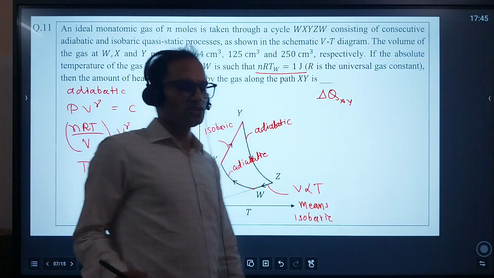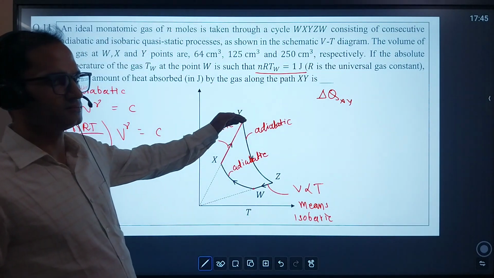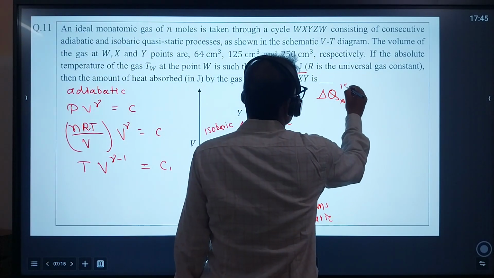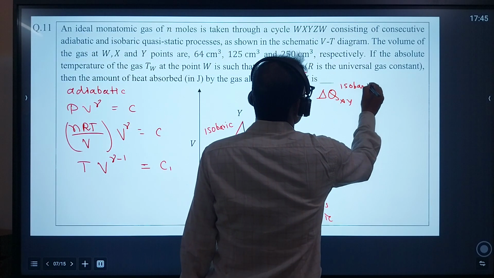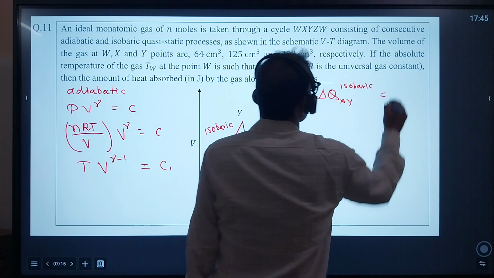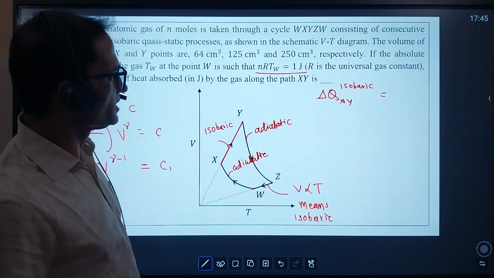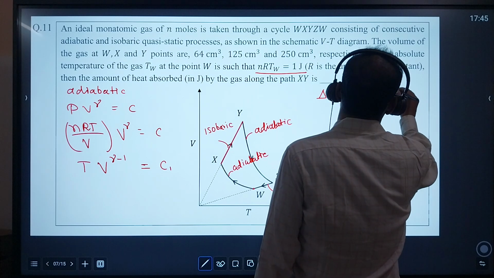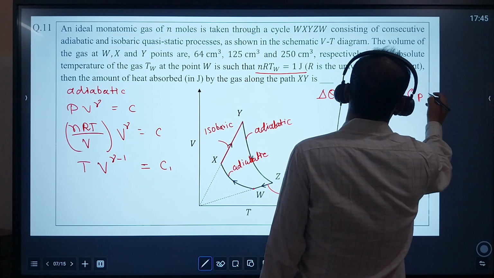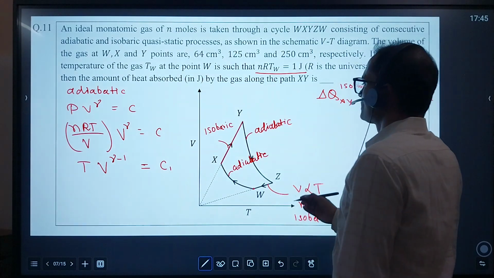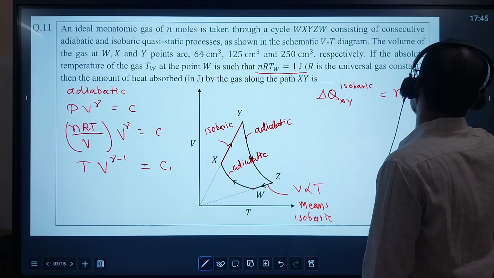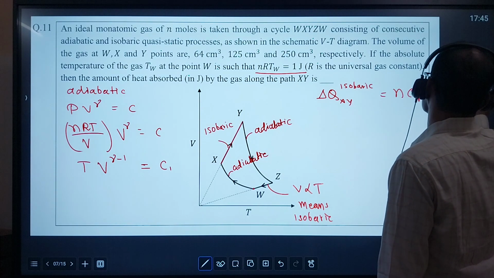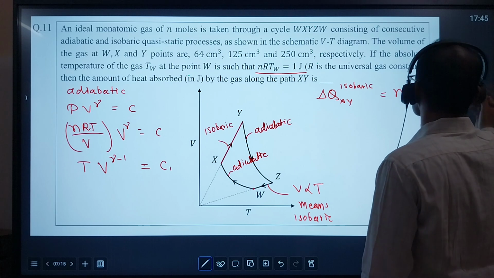What kind of process is x to y? It is isobaric, so I will write isobaric also. The amount of heat absorbed by gas in an isobaric process is n Cp delta T. Delta T means final temperature minus initial temperature, so temperature of y minus temperature of x.